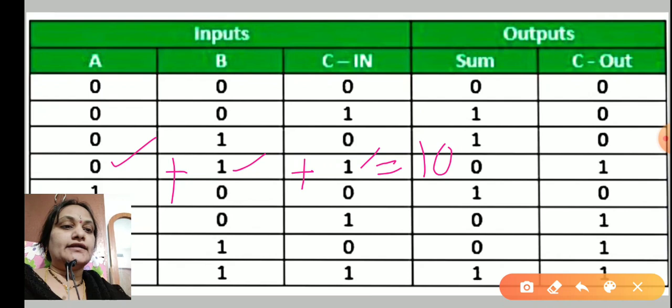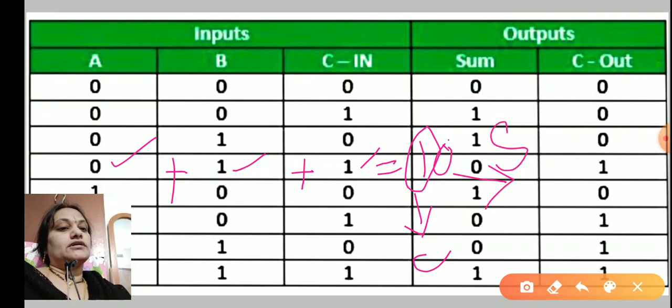I already told you that whenever we are getting an extra digit, the extra digit at the left side is called carry, and the right side bit is called sum. That is why here the sum is 0.